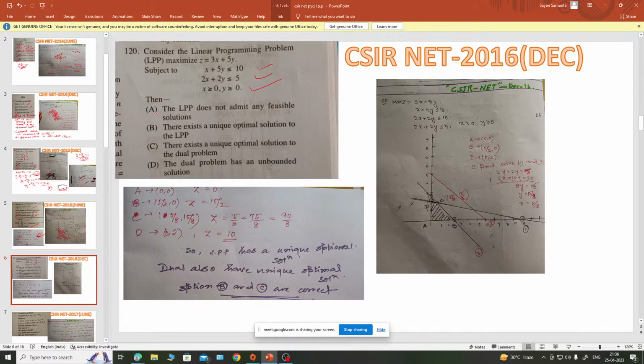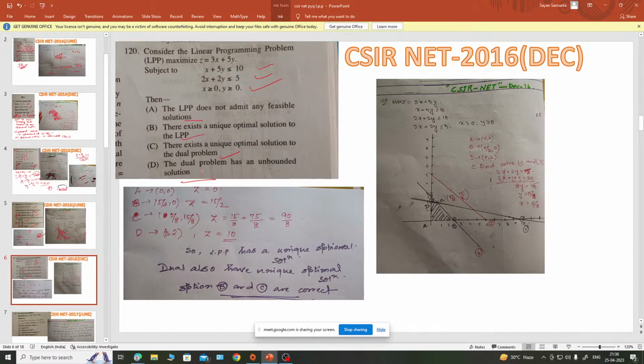Then which option is correct? The LPP does not admit any feasible solution. There exists a unique optimal solution to the LPP. There exists a unique optimal solution to the dual problem. The dual problem has an unbounded solution. Okay, so which option is correct?